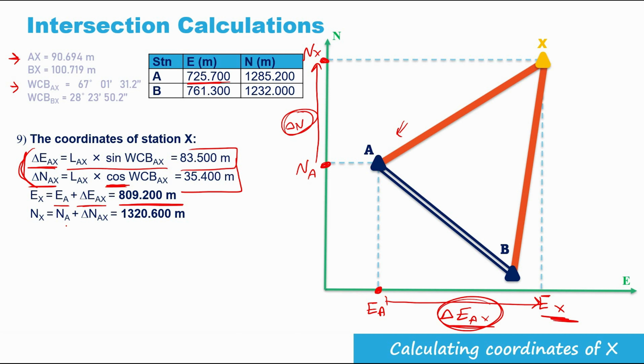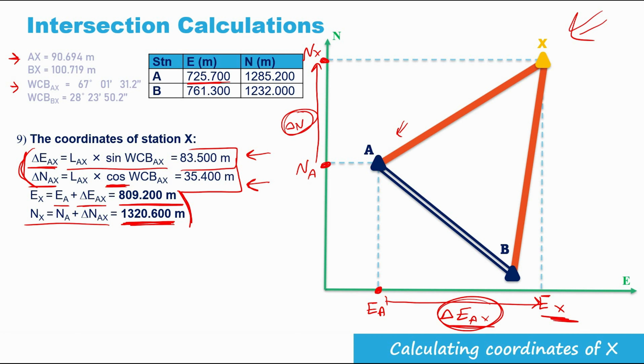Northing of X in a similar way is northing of A plus the change in northing between A and X, which is this one. This is the change in northing, guys, and this is change in easting. Yeah, and we have here now the final northing coordinates of station X, 1320.6 meters. So now by doing that, we calculated the coordinates of the unknown station X, and this was our aim in the whole session.